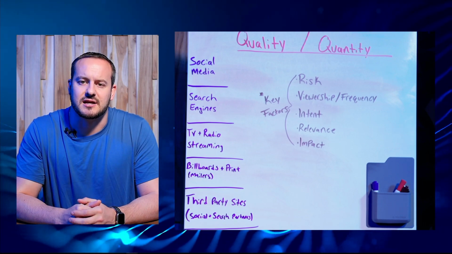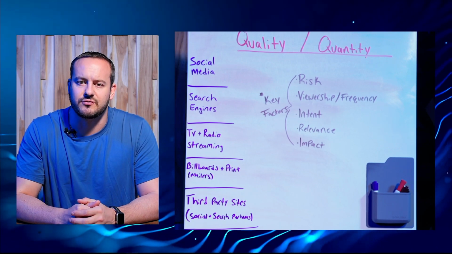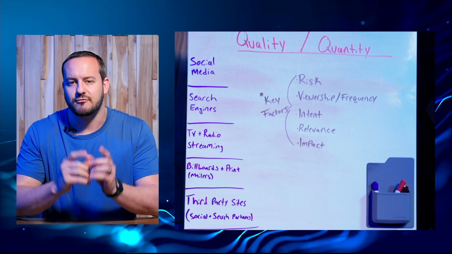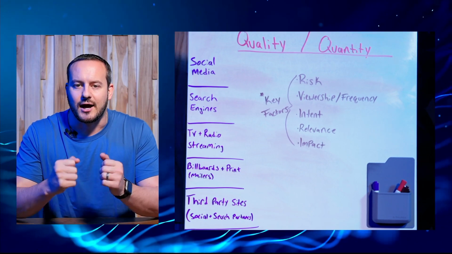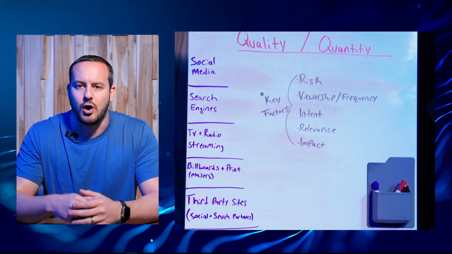Paid advertising diversification is really, really important, especially for scaling. So I hope that this video helps offer some value in where you can diversify and how you can get this done, and also just why you should do it. Don't put all your eggs in one basket. Create more impact in the marketplace and continue to scale in 2024.